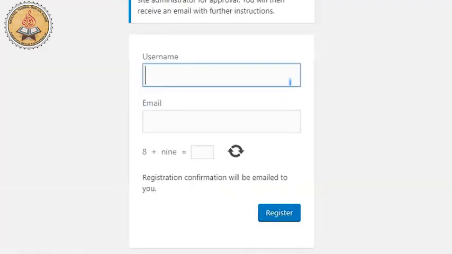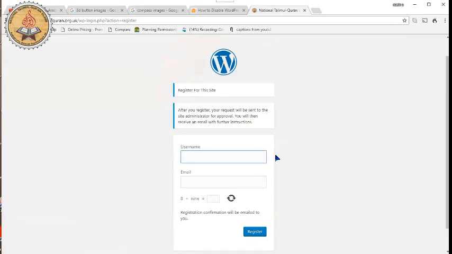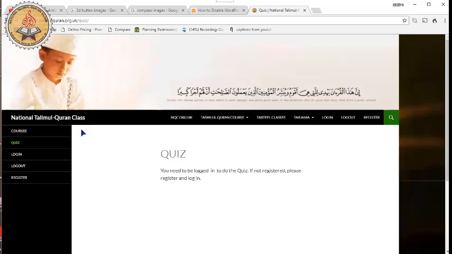You have to wait for me to approve your registration, because in order to protect the website from spam, there is a lot of spamming going on, so I'm only going to approve those which are legitimate or appear to be legitimate email addresses and names. Once you've got the approval, you will be able to go in and do the quizzes.